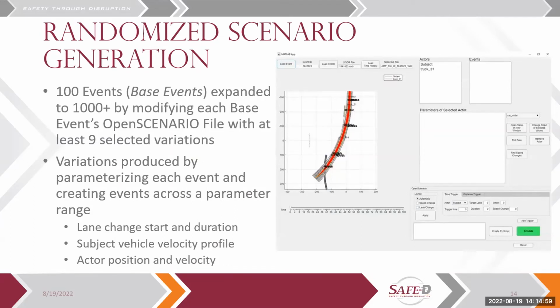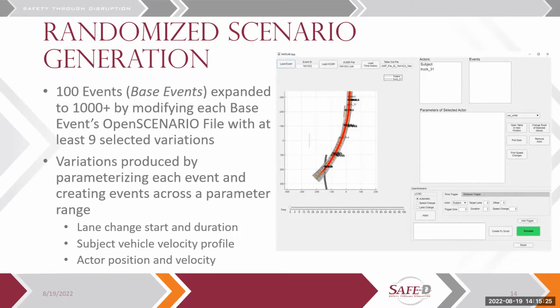For the next task of randomizing all of those scenarios, we took the 100 base events and expanded them to over 1,000, trying to get at least 9 event variations for each base event. So we have this GUI that we built to run through all of those events and change parameters one at a time.